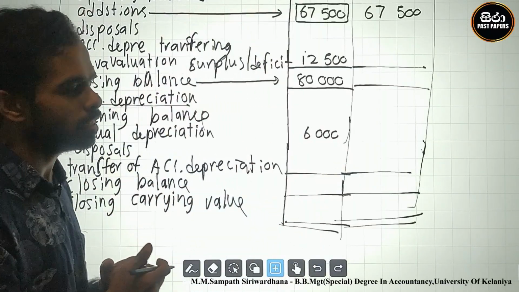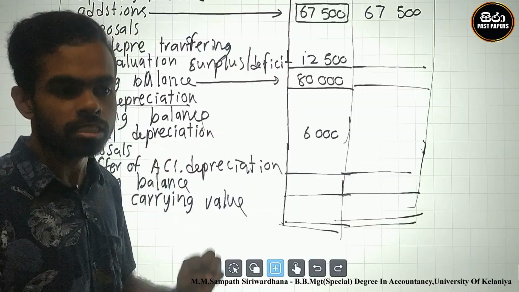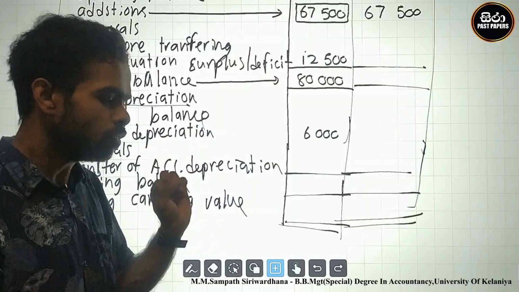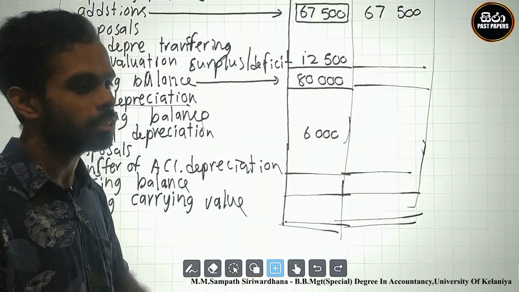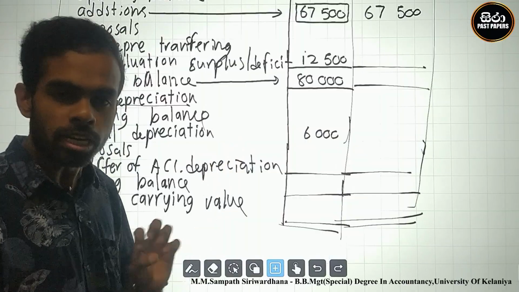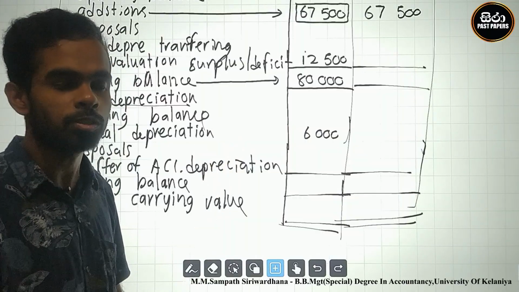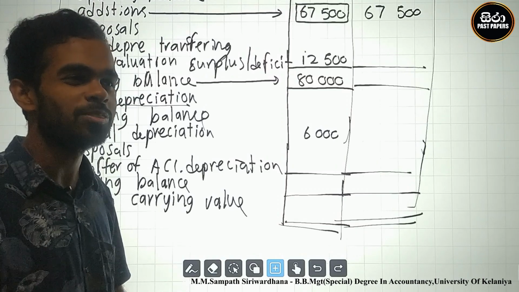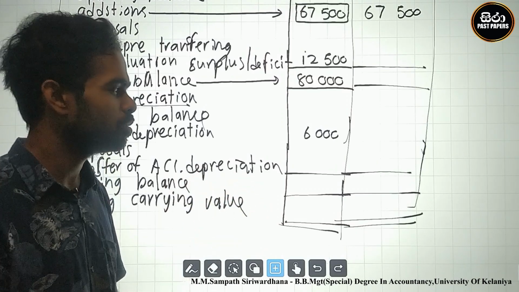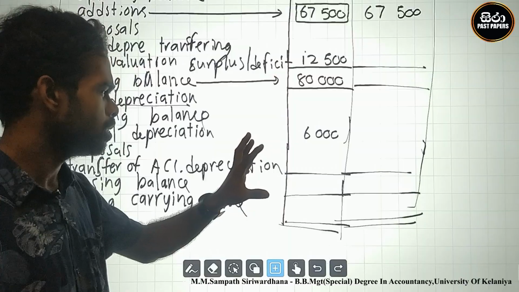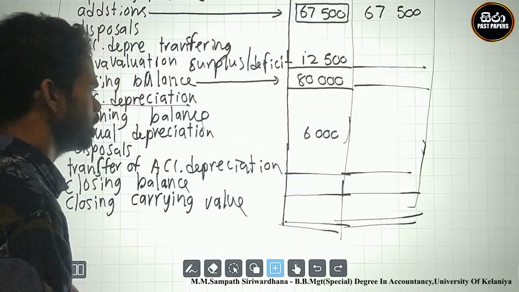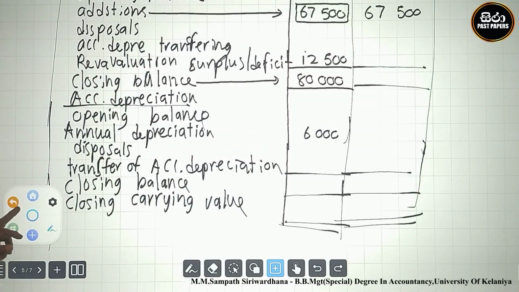Immediately we must identify that this is a manufacturing plant. This is not related to an operating expense. This is related to manufacturing cost. Therefore, after that, immediately we can identify this 6,000.